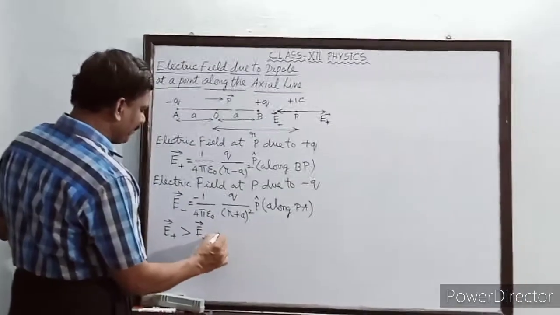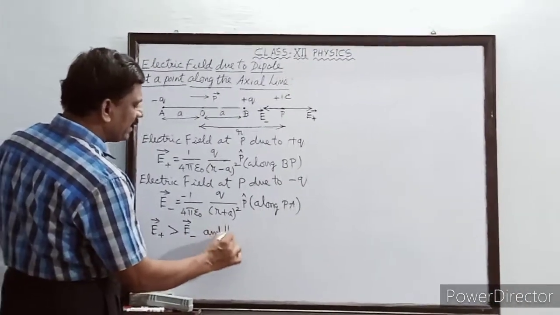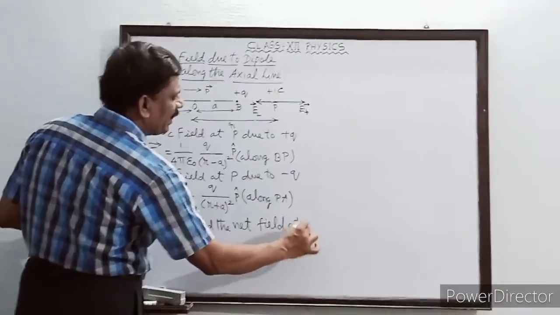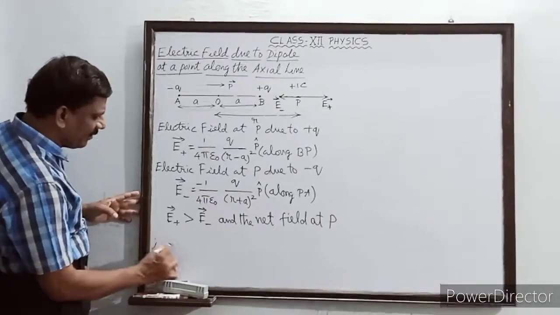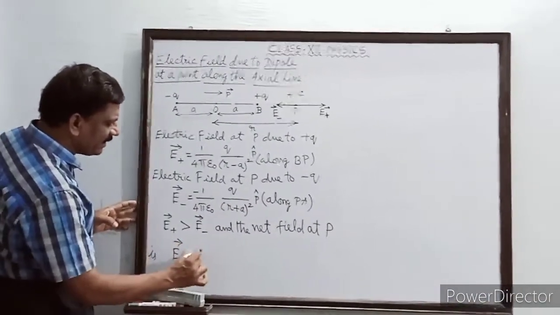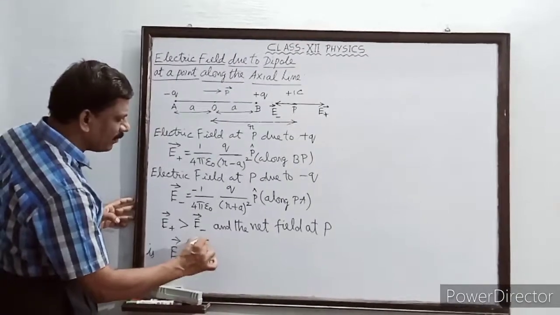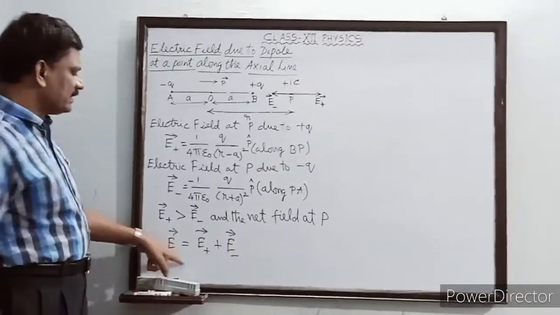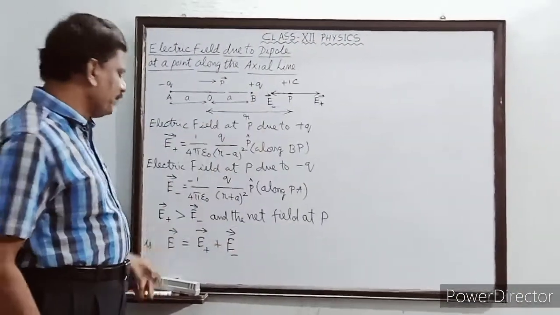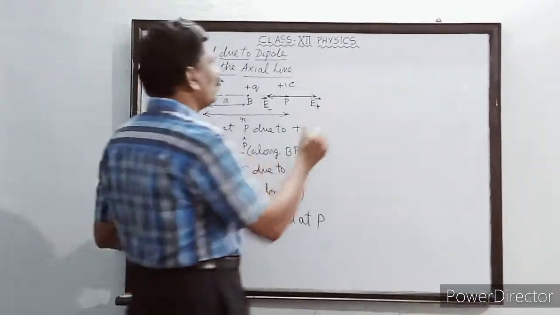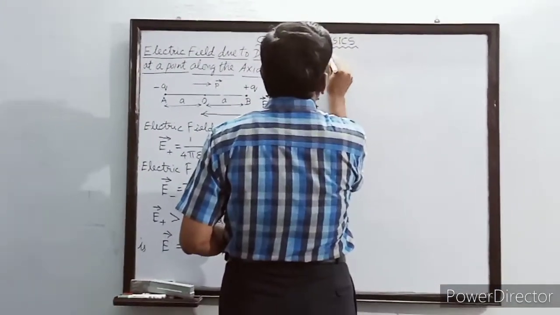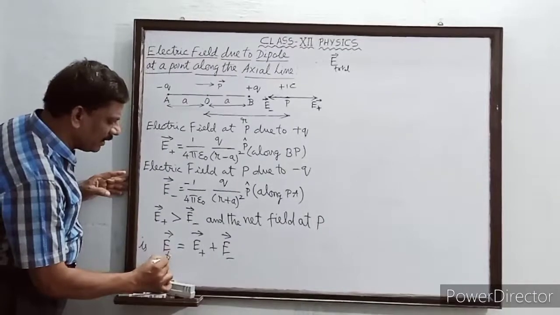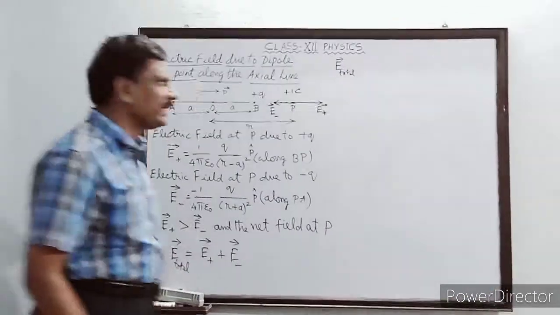And the net electric field, that means the resultant electric field at P, is given by E vector. E vector is equal to the sum of these two vectors, E plus and E minus. So this is the resultant vector at the point P. I am going to substitute that. Therefore E vector, this can also be called E total, the resultant or net electric field.